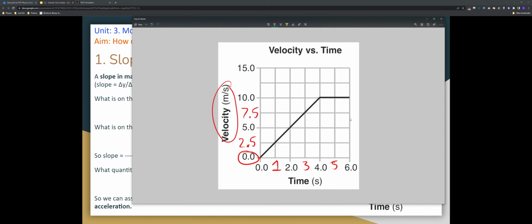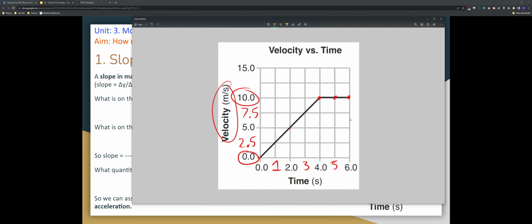At 2 seconds, my velocity is 5.0 meters per second. At 3 seconds, it's 7.5 meters per second. At 4 seconds, it's 10 meters per second. At 5 seconds, our velocity is 10. And at 6 seconds, our velocity is 10.